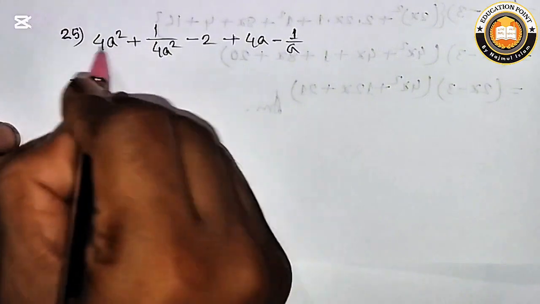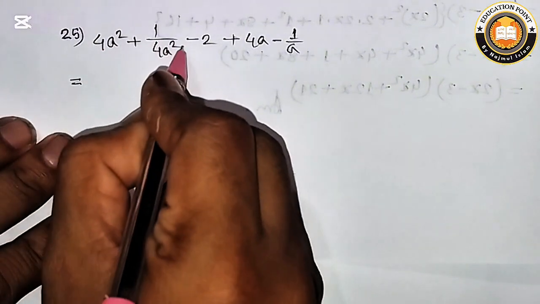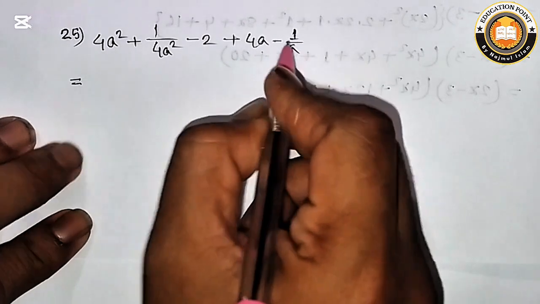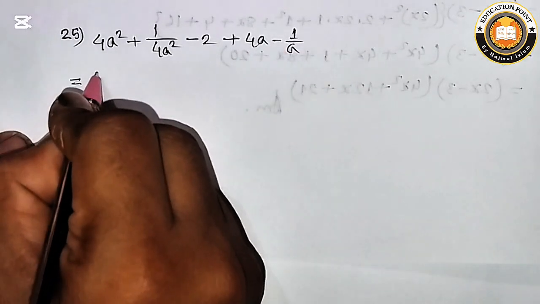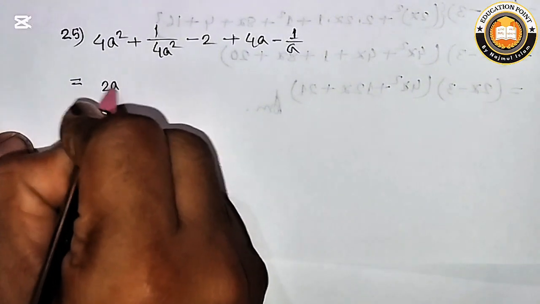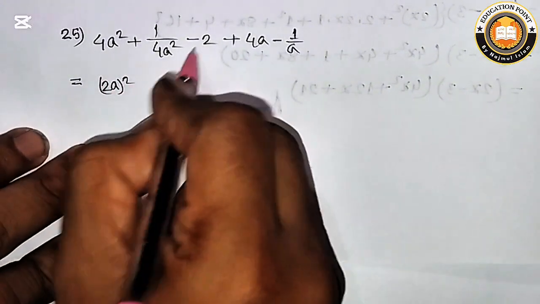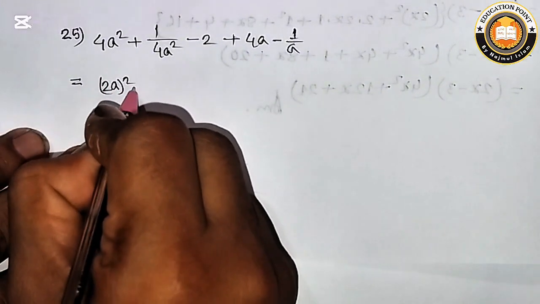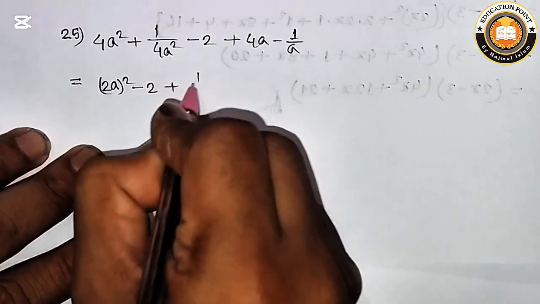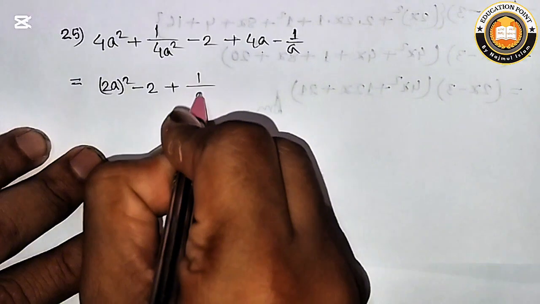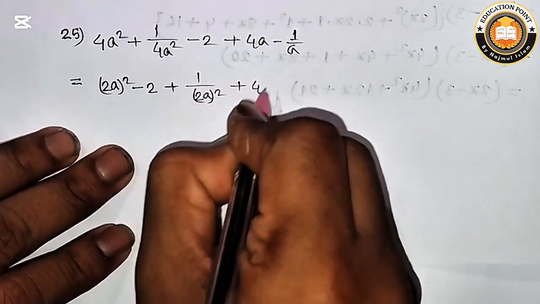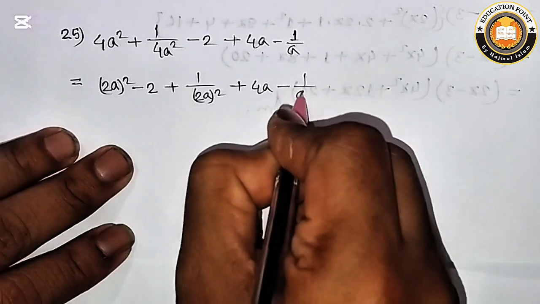Number 25, 4a square plus 1 by 4a square minus 2 plus 4a minus 1 by a. Here 4a square modify as 2a whole square. Then we can write minus 2 plus 1 by 4a square modify as 2a whole square plus 4a minus 1 by a.